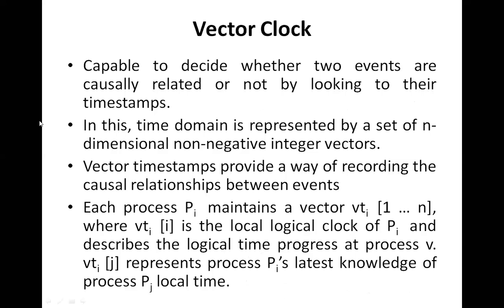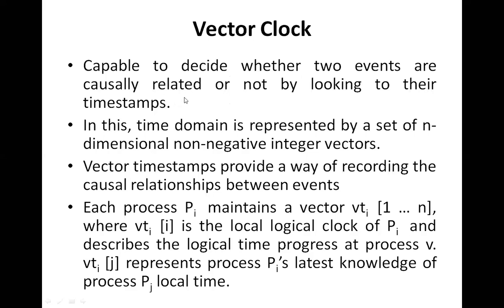The good thing about the vector clock is that it is capable of deciding whether two events are causally related or not just by looking at the timestamps of the two different events happening in the two different processes.